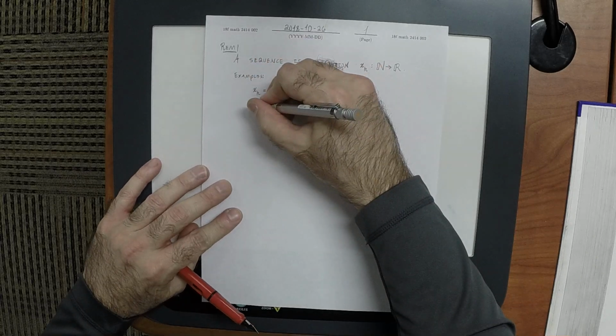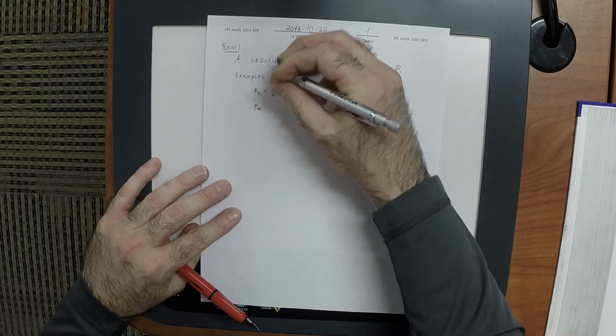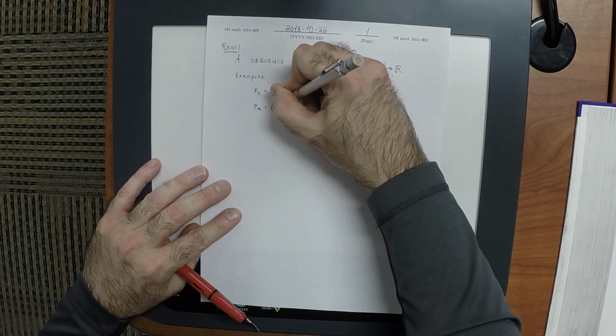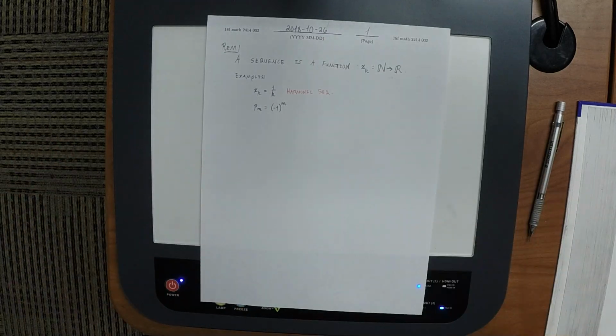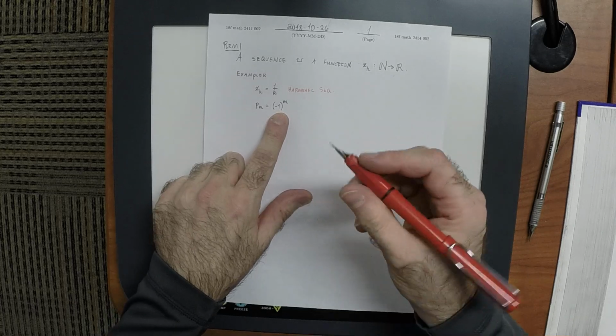We could have another sequence. How about P sub m is (-1) to the m. Its values alternate between -1 and +1, and as a result, what's the name of this thing? An alternator.